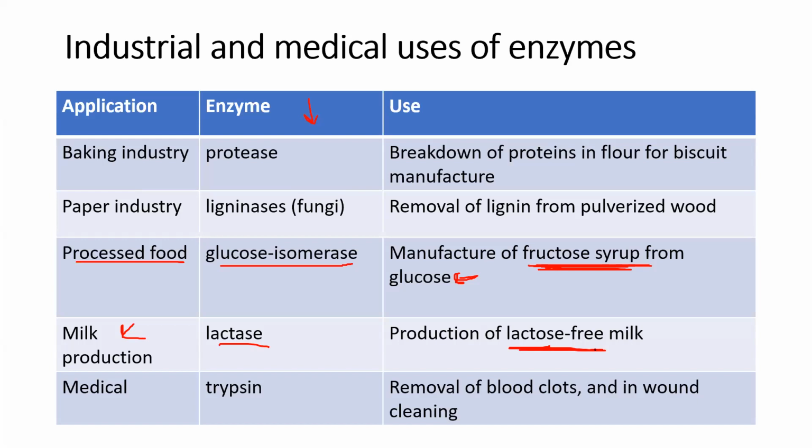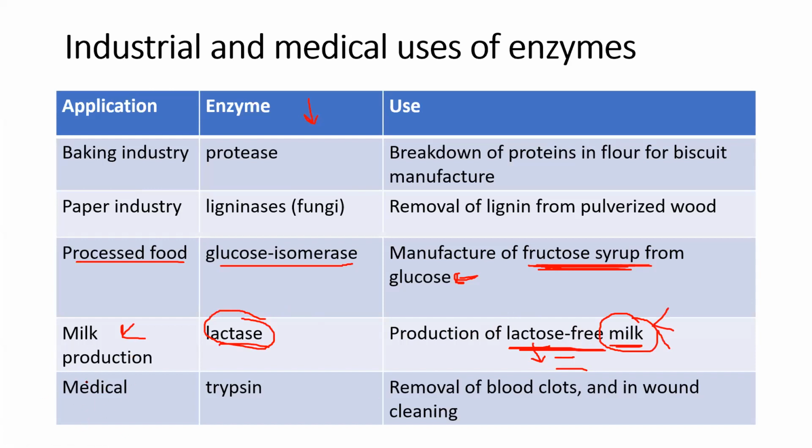So for these people to take milk, they will take lactose-free milk. So the function of this lactase is to break lactose into its monomer, which is glucose and galactose. So maksudnya susu ni hanya akan ada glucose and galactose je, dia tak ada lactose. Okay, so maksudnya susu ni akan jadi lebih manis lah.